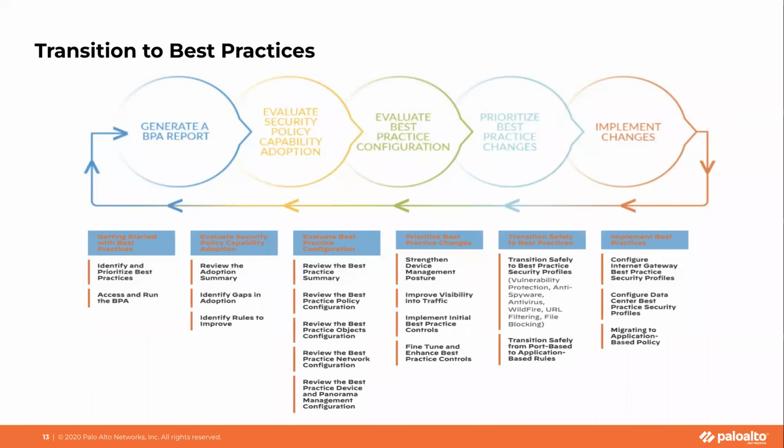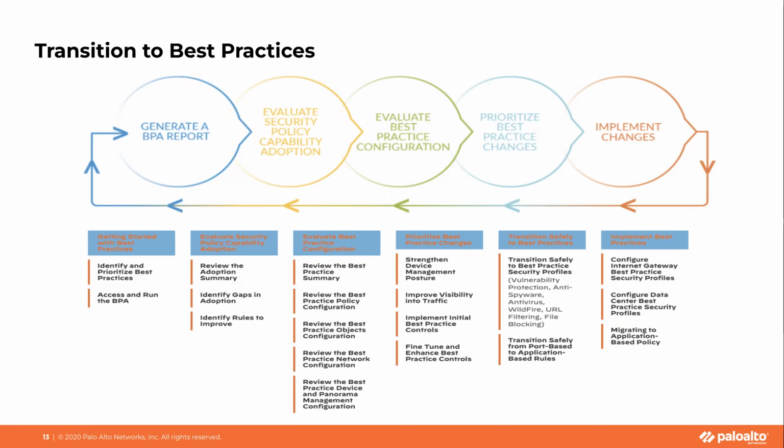So here you can see the transition to the best practices. Once you run the Best Practice Assessment, BPA, to evaluate your security posture and get the result, you need to prioritize what changes you want to make and prioritize your improvements. Take the next steps and transition safely to the best practices, without risking the availability of critical applications.